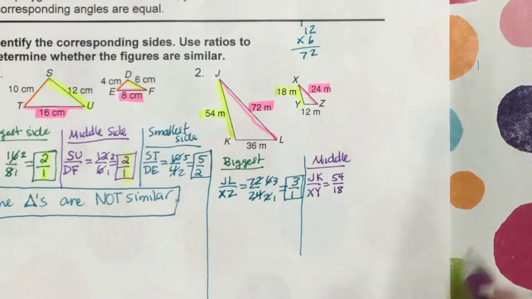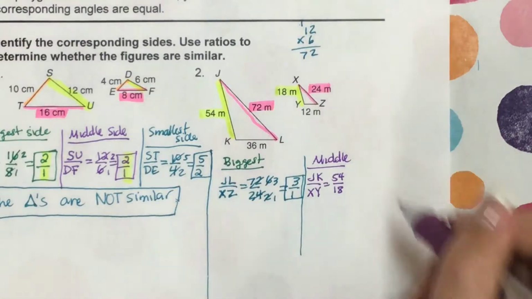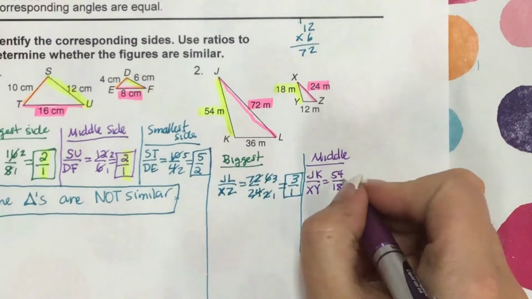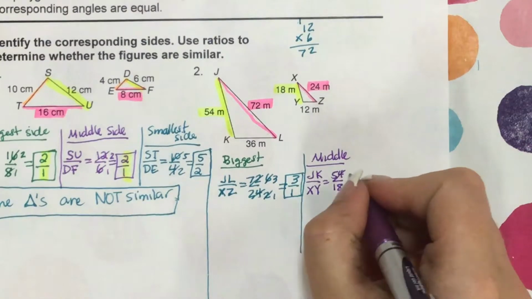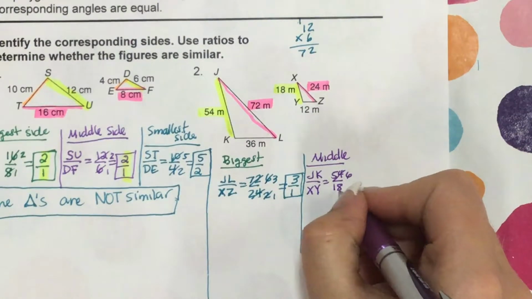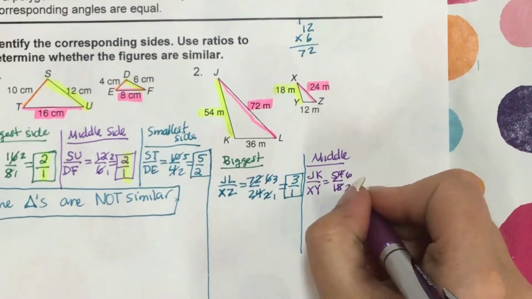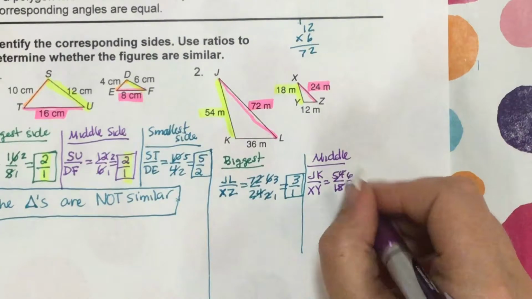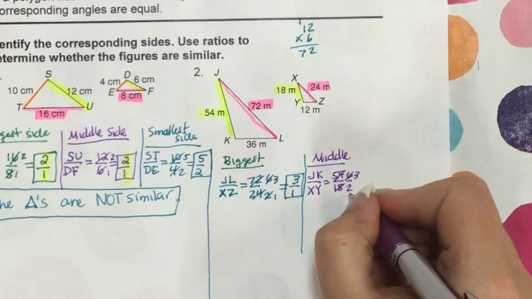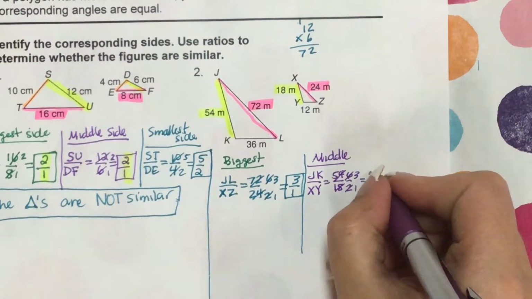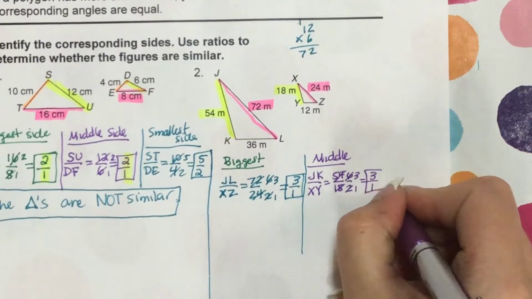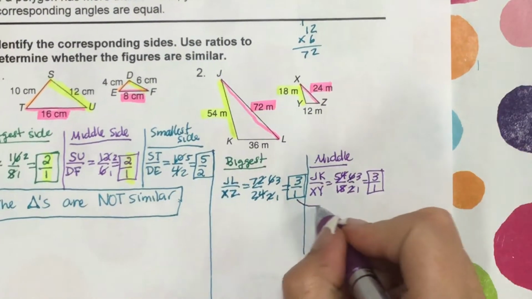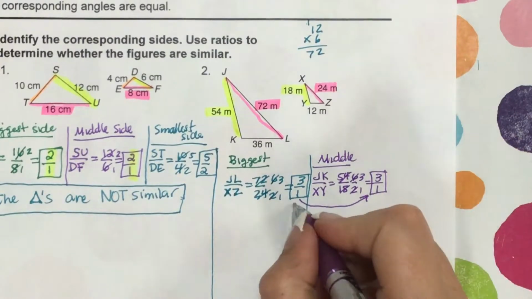Okay, so we need to reduce this. When I look at these two numbers, 54 and 18, I'm looking for a common factor, and I'm pretty sure that 9 goes into both of these. 9 goes into 54 6 times, and 9 goes into 18 2 times. And I can still simplify this. 6 and 2, 2 goes into both of those. 2 goes into 6 3 times, and 2 goes into 2 1 time. So there we have our ratio, 3 over 1, which is the same as the biggest side. So those are the same, which is great.